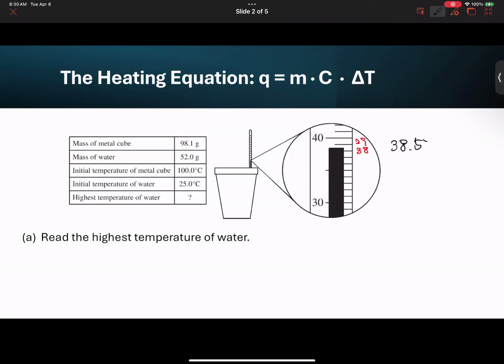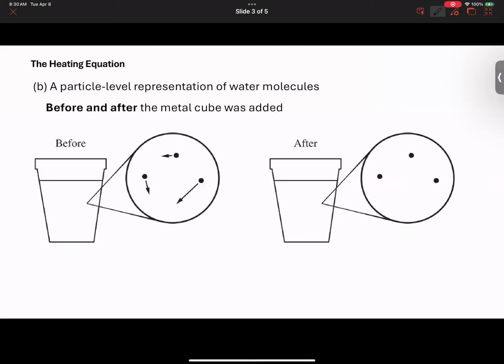My estimation is 38.5 degrees C. So the last number is uncertain, it is estimated. It is very important to read the equipment properly.